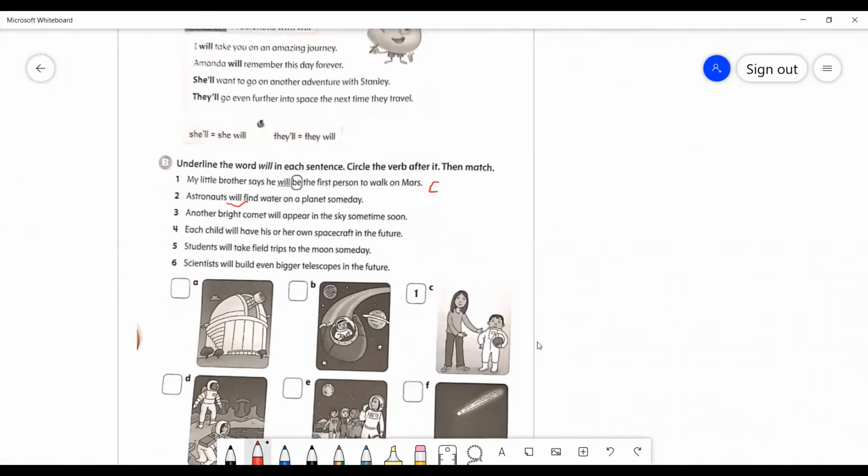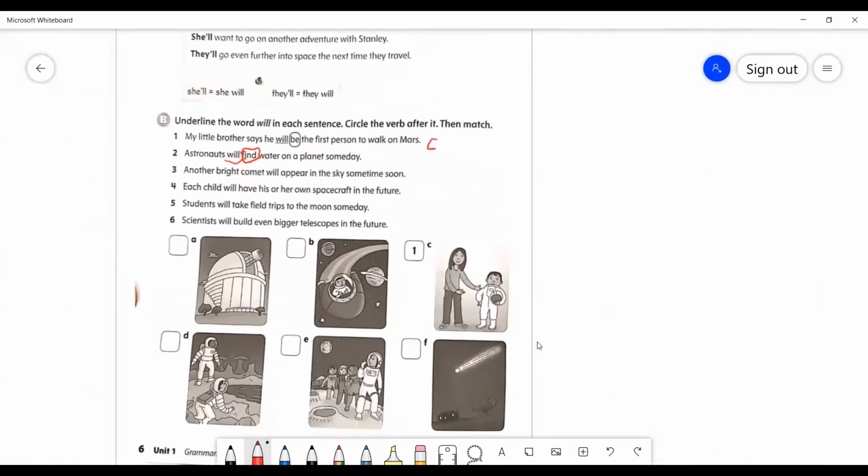And in this sentence, verb is find. Astronaut will find water on a planet somebody. So the shape which matched with number 2 is D. So we can write here number 2.